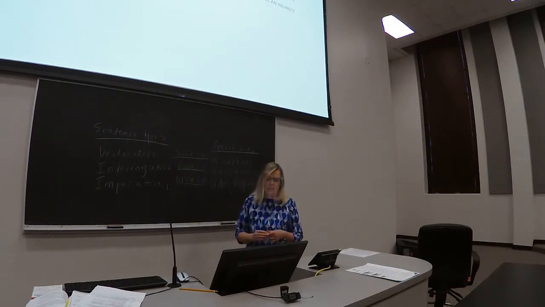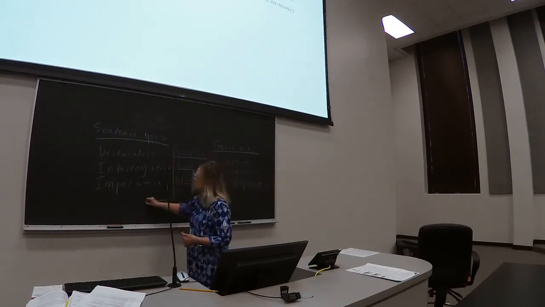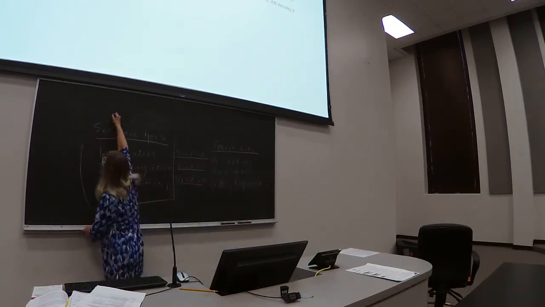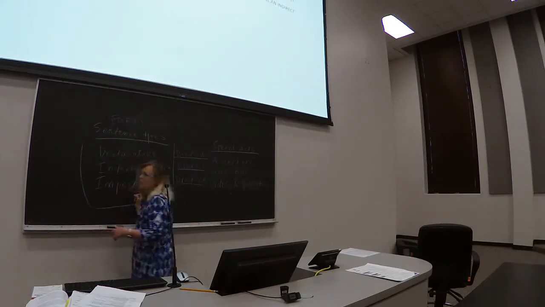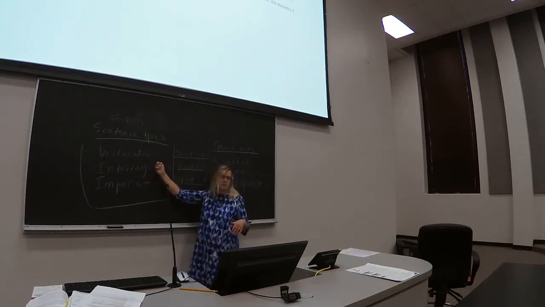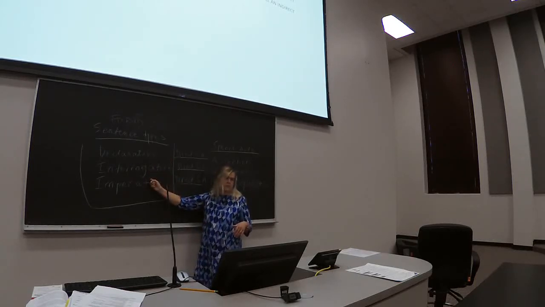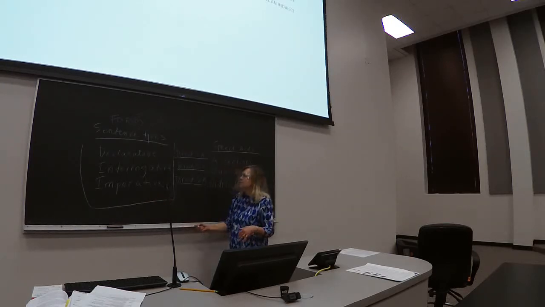So what is always clear is what the sentence type is. So this is the form of the sentence. We can see by its syntax that it's either a declarative sentence, an interrogative sentence, or an imperative sentence.